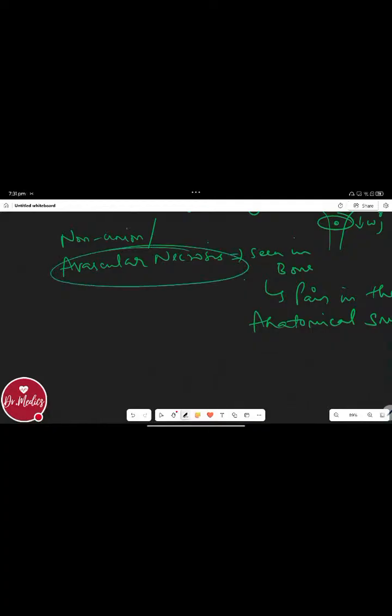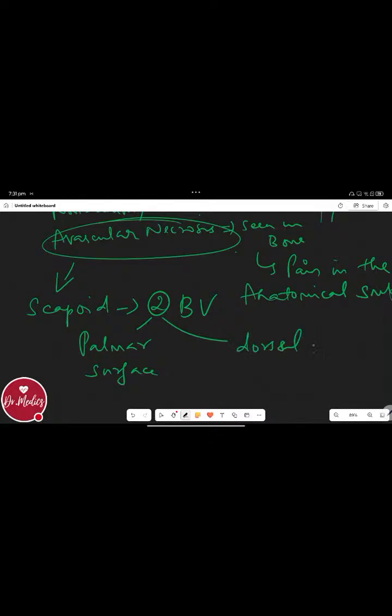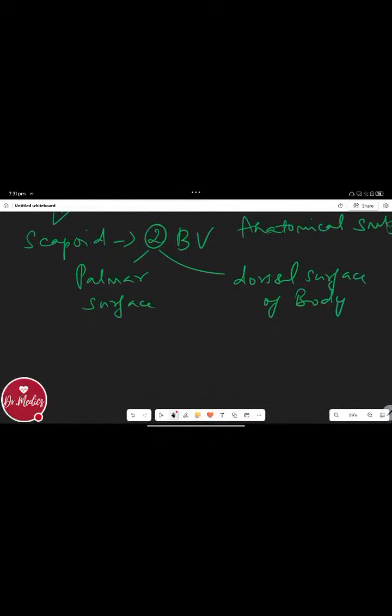How will avascular necrosis occur in the fracture? Usually the scaphoid has two blood vessels supplying it, entering in two different pathways. One is entering on the palmar surface and another one is entering on the dorsal surface of the body, and this enters in the tubercle.